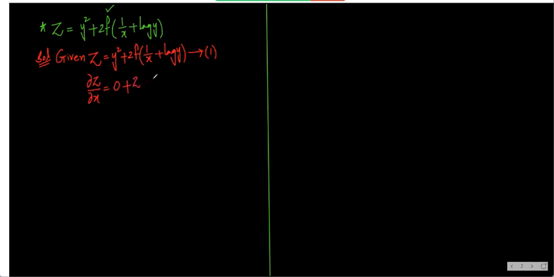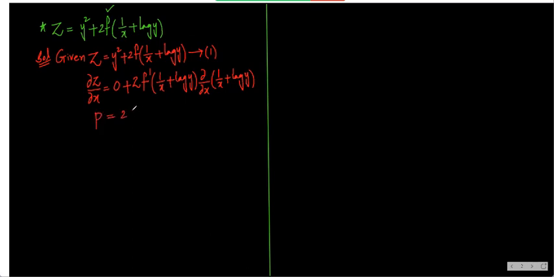The derivative of f of x is f dash of x, so differentiation of f is f dash, the inner function stays as it is, and then we multiply by dou by dou x of the inner function, that is 1 by x plus log y. Do you understand this step? Yes. This value is nothing but p.